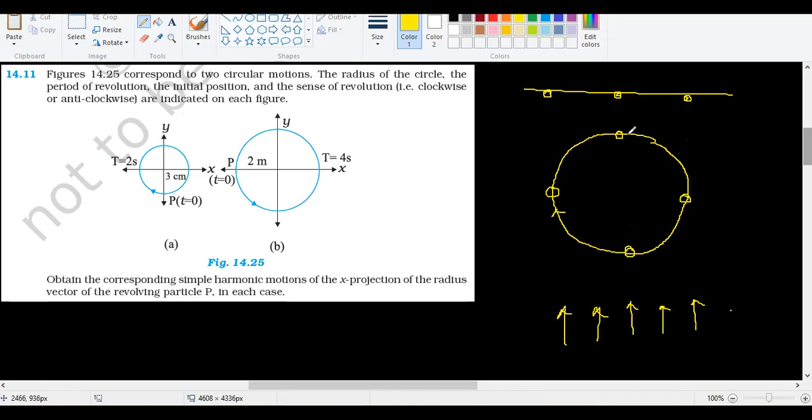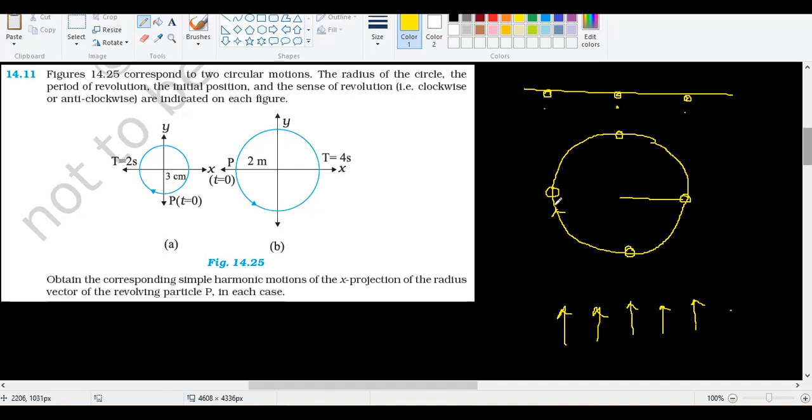The particle is here, the shadow will be here. The particle is here, the shadow is here, which means start from here, go here, and then come back here. That's why I told you there is a perfect connection between circular motion and simple harmonic motion. So it's kind of going back. That's why you see sin omega t, cos omega t.